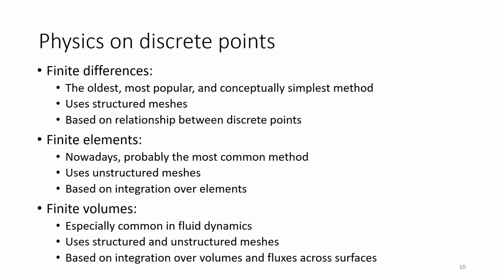The basics of finite differences is it's based on structured meshes, right? So it has this regularity to it. It has difficulties with complex geometries. It's not really made for that. It's still possible, but it needs extension to the original theory. And the concept here is we have discrete points, and we look at the relationship between these discrete points, right? So thinking about this contaminant moving from left to right.